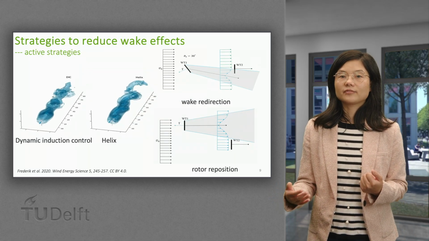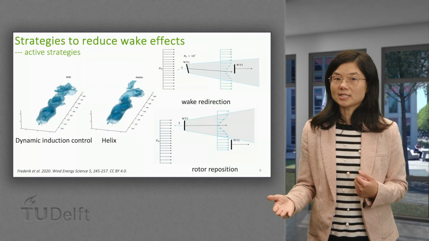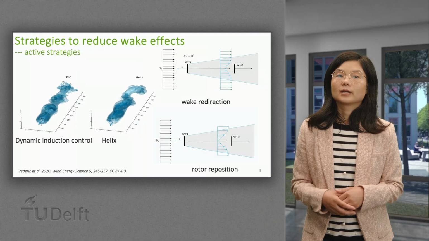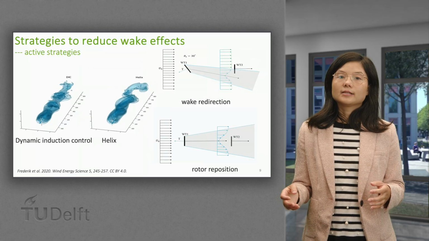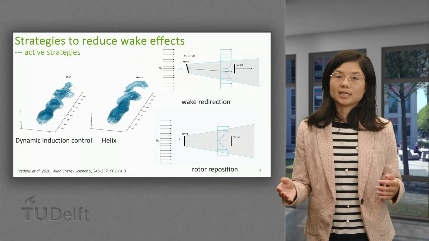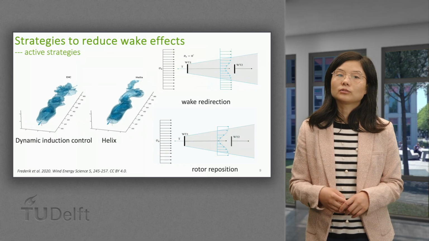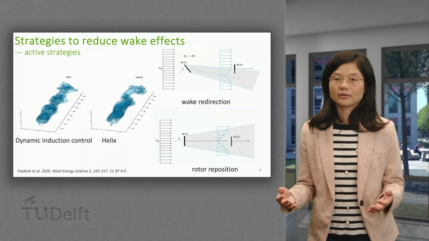Similarly, the effectiveness of wake repositioning depends on flow conditions, site constraints, and the turbine flexibility, etc. Overall, the success of active strategies must be validated across a wide range of operating conditions and with careful consideration of their economic feasibility.